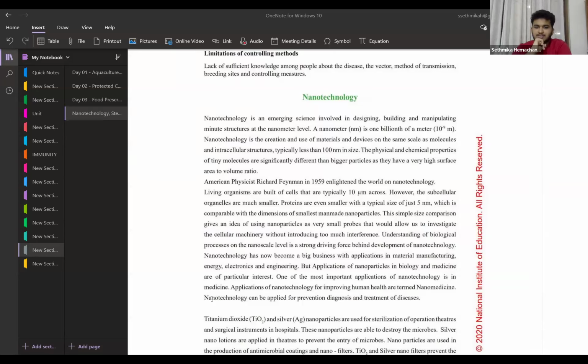Carbon nanofibers are basically small fibers designed using this nanotechnology. But today we'll be learning about some more applications of this nanotechnology.